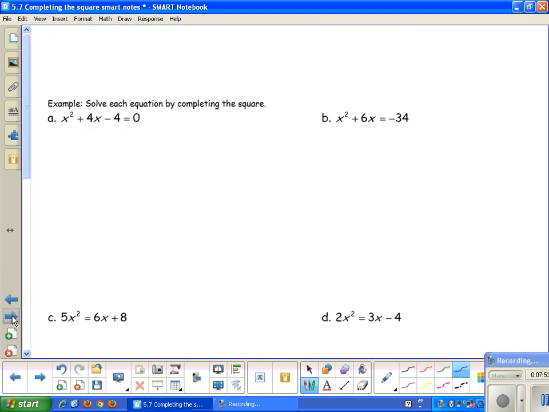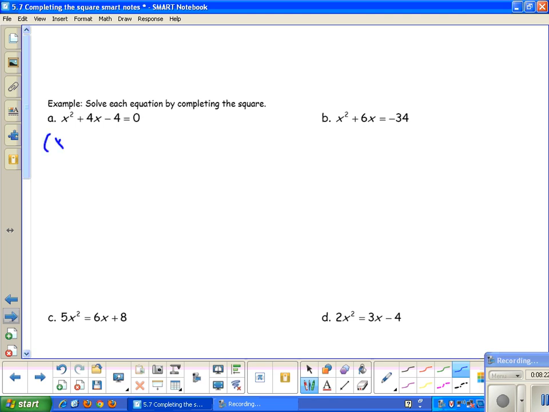So for these, it says solve each equation by completing the square. So for this problem, if I want to complete the square, the first thing I would want to do is take that 4 and put it on the other side. Now for this, if I wanted to try to factor this without completing the square, we would look for factors of negative 4 that add up to positive 4.